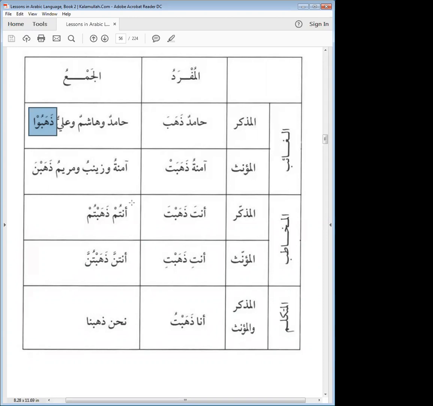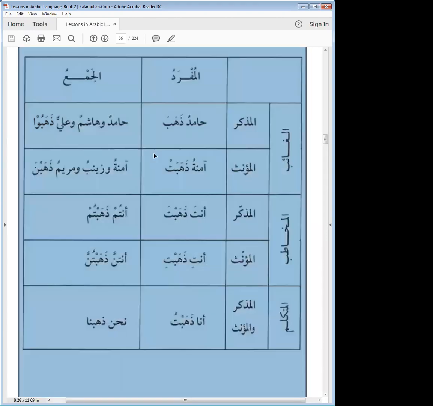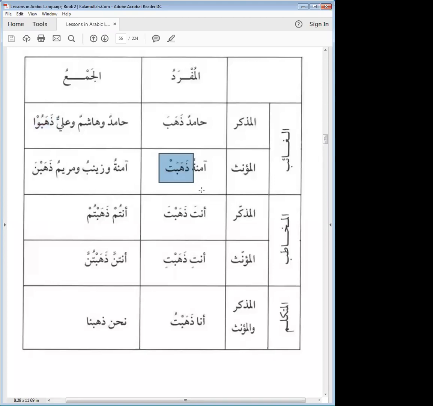Dhahabu. Okay? Then the feminine form we have Aminatu dhahabat. You see the ta added to the root verb. This is what we want to get out of this exercise, how the verb changes. So when you're going through other passages, when we see a particular form of the verb, we would know what that represents, whether it is singular feminine, singular masculine, or plural feminine, plural masculine, whether it is first person, second person, or third person, based on how the verb has changed.